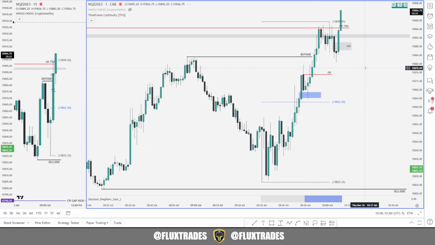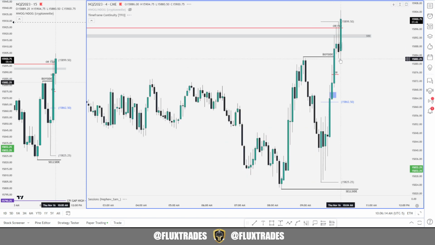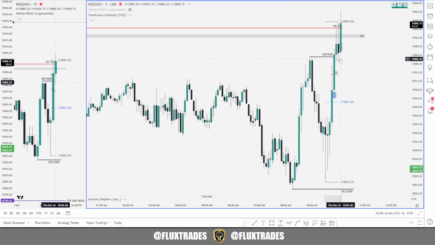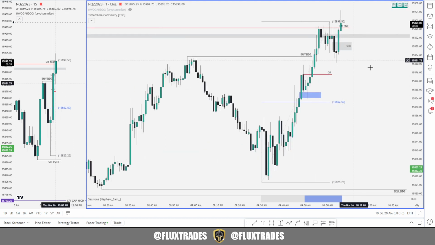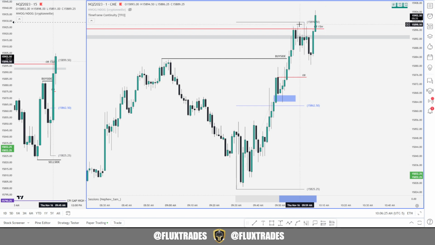So it came down, filled the 4-minute gap, and the 3-minute as well. 5-minute, tapped into it slightly there, and just accelerated upwards. So can't look for shorts right now, unless we see a real breakthrough.